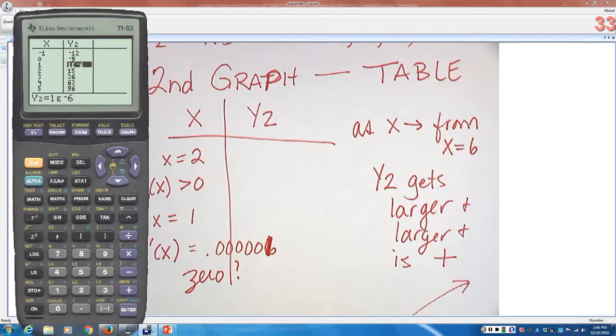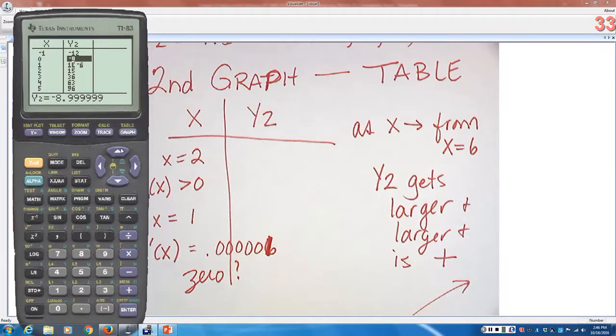Does the value there seem to indicate that that must have been the truth? Because what happened as I went from 2 to 0? I went from positive to negative, increasing to decreasing.